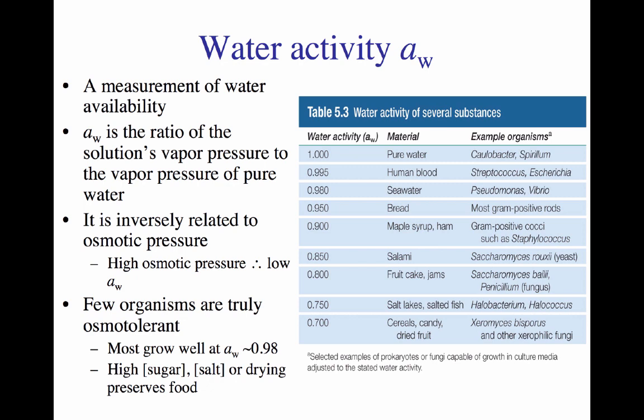But now, as the amount of solute changes, like in the case of seawater or maple syrup, or, for example, a salami, now the ratio of the vapor pressure to the vapor pressure of pure water changes and diminishes, and that makes an environment having less water availability.